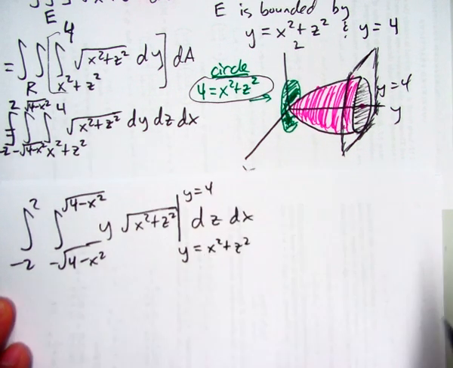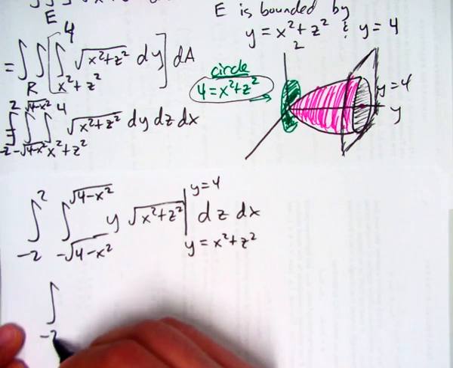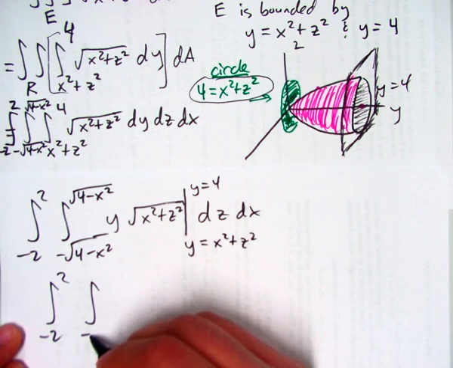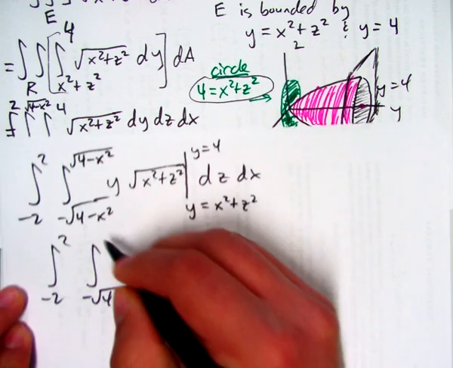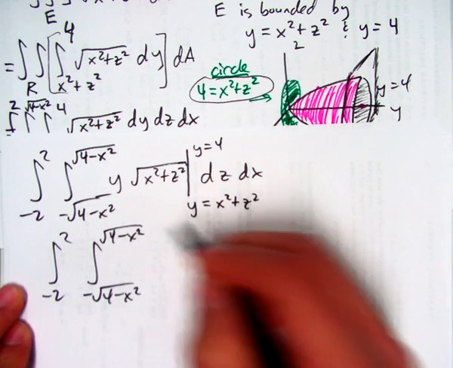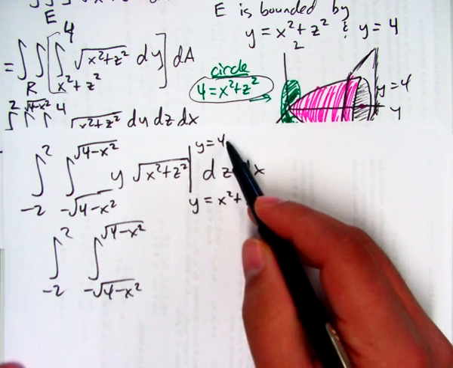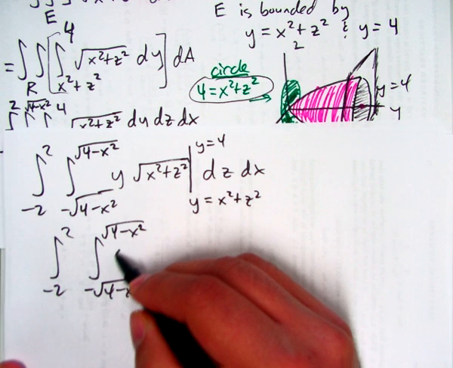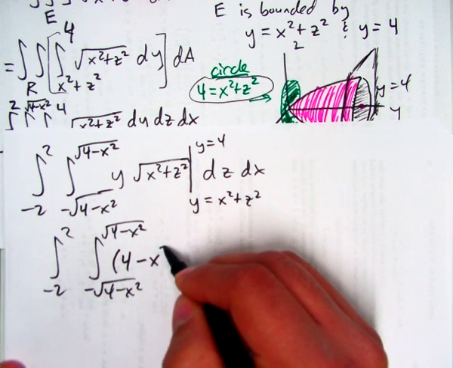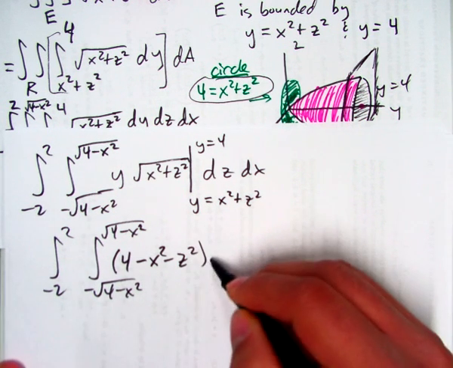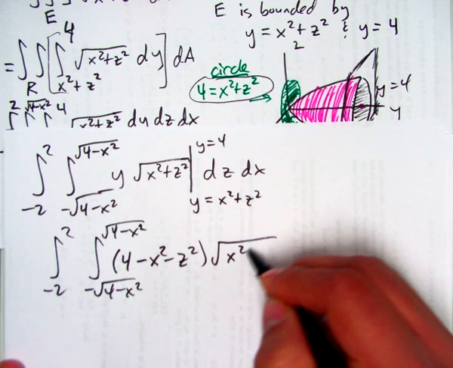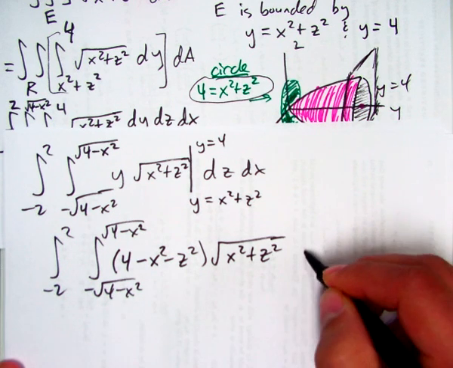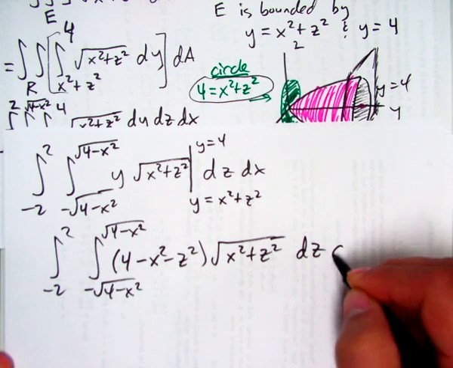So now we get negative 2 to 2, negative root of 4 minus x squared to positive root of 4 minus x squared. If you plug in 4 into the y, you're going to get 4 minus x squared minus z squared times the root of x squared plus z squared, dz dx. Do you guys see how I'm getting that?